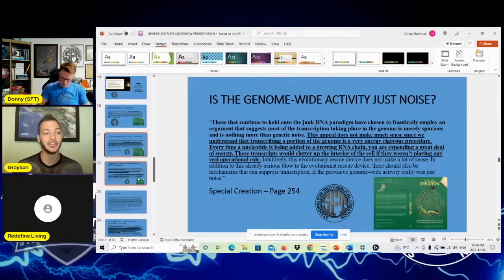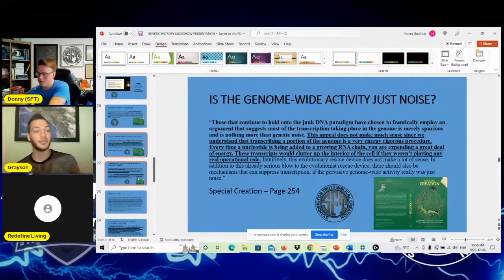In biochemistry, you're not going to have any functionality with something that's only present at 1 transcript per cell. That's very quickly degraded by the enzymes around it. It's not having an effect. So ENCODE showed that most of this stuff is spurious.